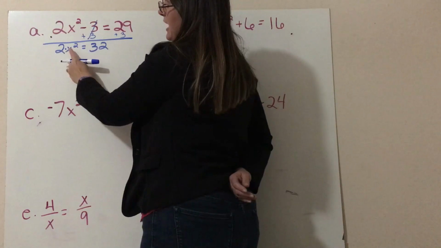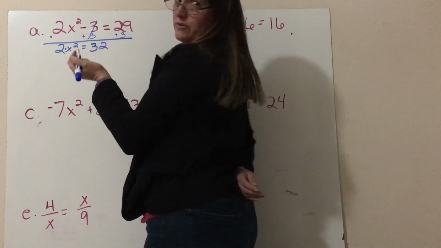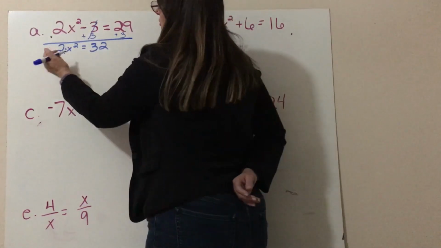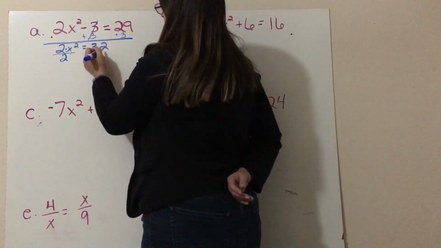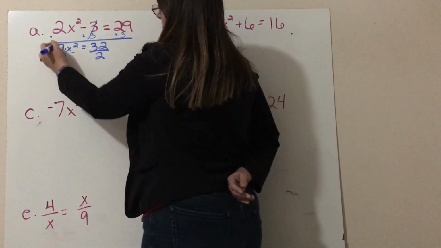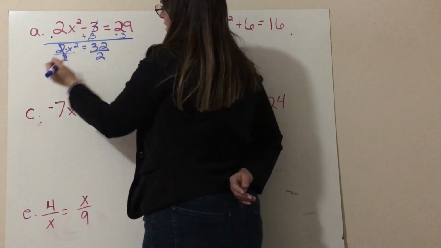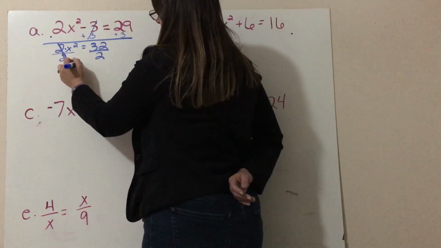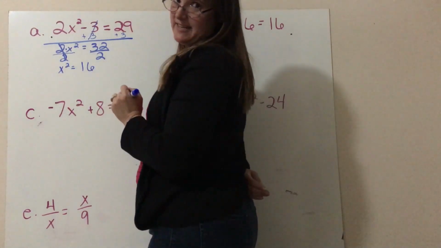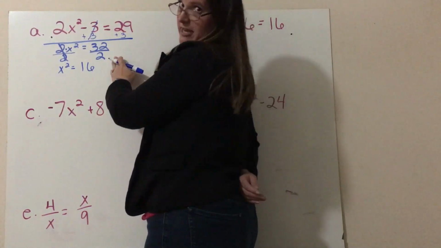We're saying 2 times x squared. So to cancel out times 2, we want to do the inverse operation. We're going to divide by 2, and we want to do that on both sides. So now we have x squared equals 16. 32 divided by 2.